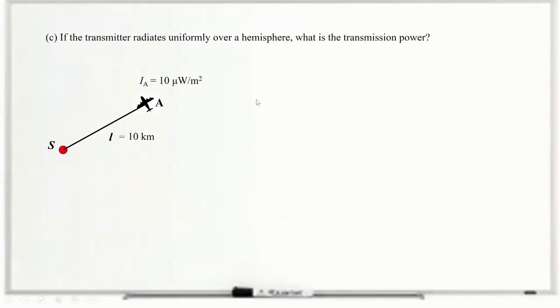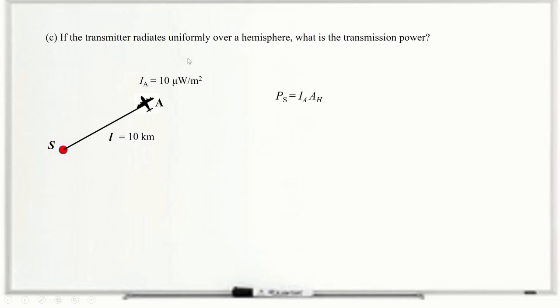The last part of the problem is to find power transmitted by the source of electromagnetic waves. And this power is defined as a product of intensity of electromagnetic waves at given point times area through which the electromagnetic waves are passing.